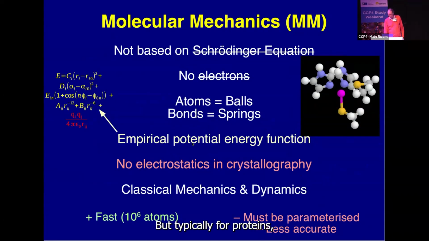But typically for proteins, we have something like the one we heard about before: bonds, angles, dihedrals, van der Waals interactions, and electrostatics, although in crystallography we normally ignore electrostatics, which is a problem because that's often the most important thing. But with molecular mechanics, you can do millions of atoms, but you need to parameterize it. And typically, it's less accurate than quantum mechanics because you don't include everything important.